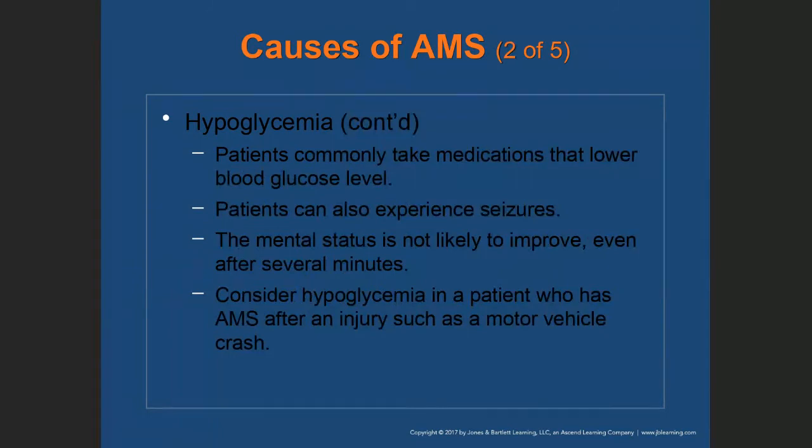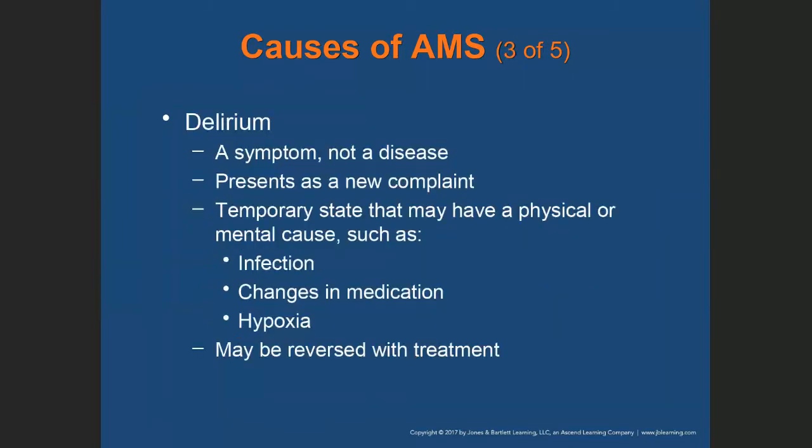Hypoglycemic patients often take medications that lower the blood glucose level. Patients can also experience seizures. The mental status is not likely to improve even after several minutes. Consider hypoglycemia in a patient who has AMS after an injury such as a motor vehicle accident or crash.